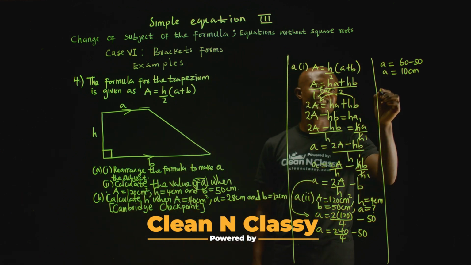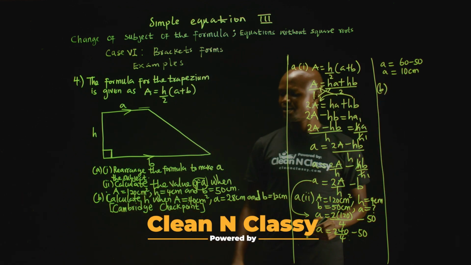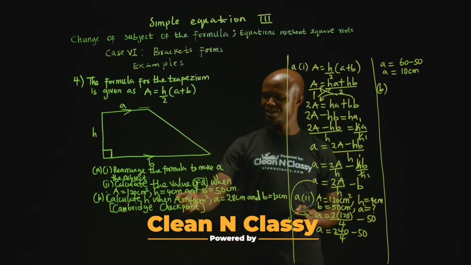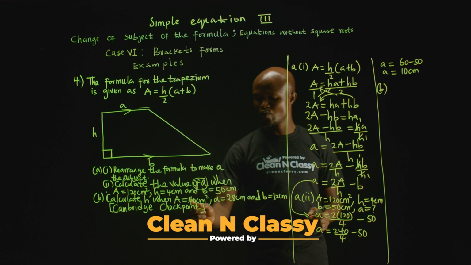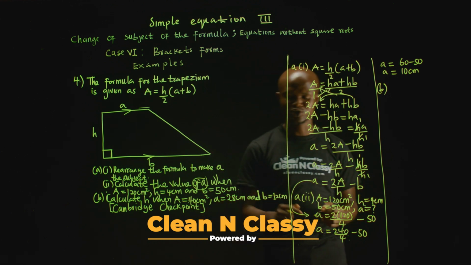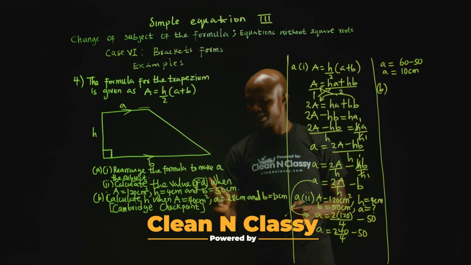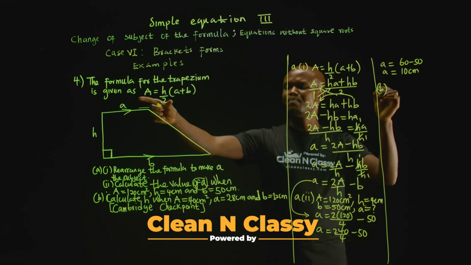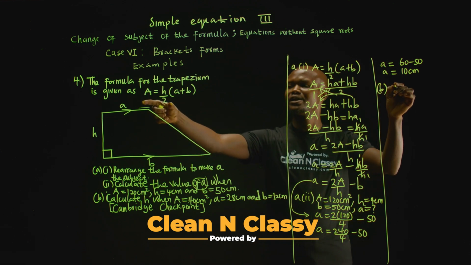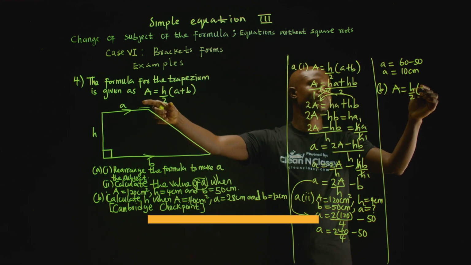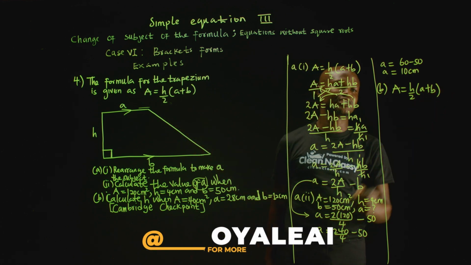Now the second part, which is B. Calculate the value of h when A equals 40 centimeter square, a equals 28 centimeter, and b equals 12 centimeter. In this case, we need to go back to the main relationship. A equals h over 2 into bracket (a plus b).